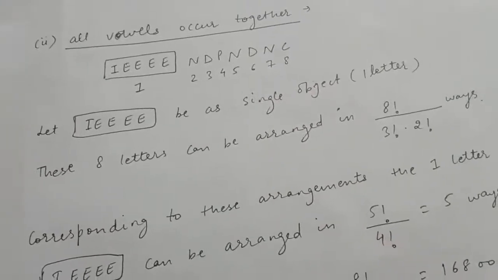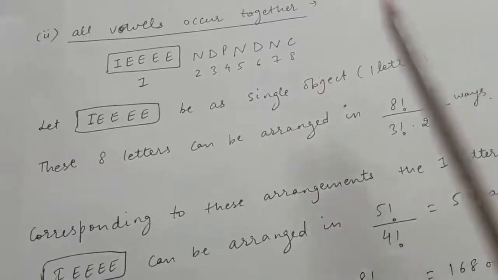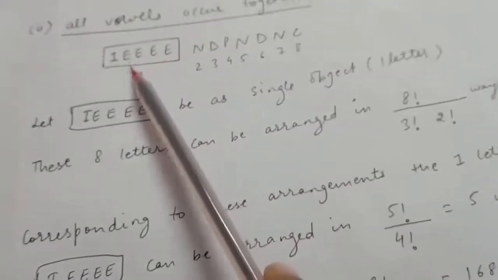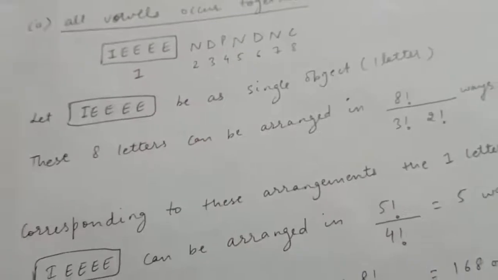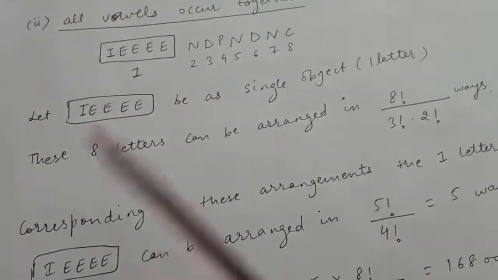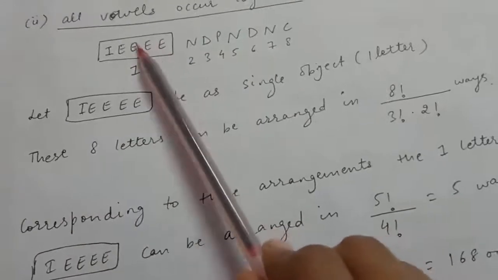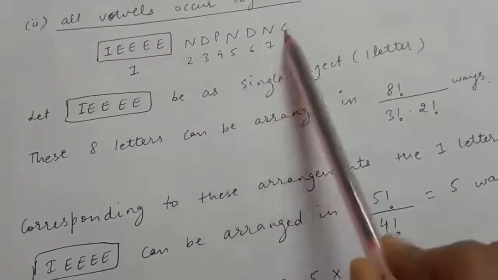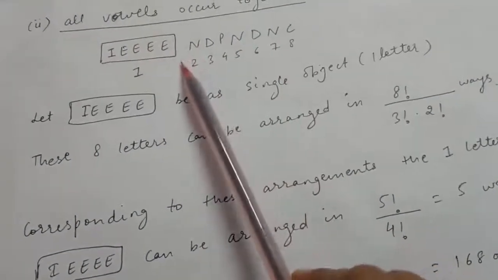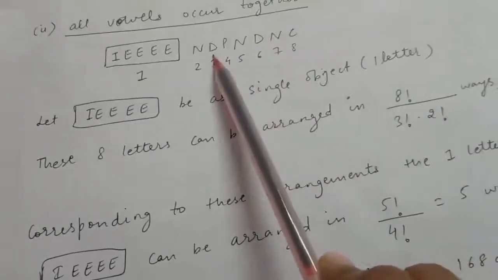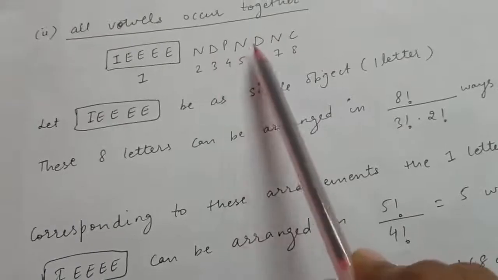But you have to be very careful that these 8 letters are not distinct. Now see, we will not see that E is repeating 4 times. Why? Because for the time being we are considering this as one letter. In these 8 letters, what we can see repeating is N, which is repeating 3 times, and D, which is repeating 2 times.